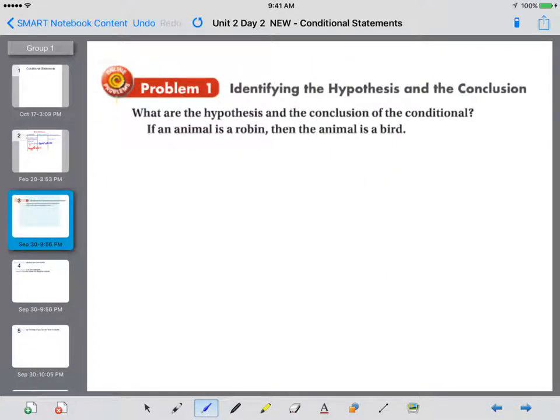So for example, we have the statement, if an animal is a robin, then the animal is a bird. It asks, what are the hypothesis and the conclusion of this conditional? Well, an animal is a robin. That is our hypothesis.